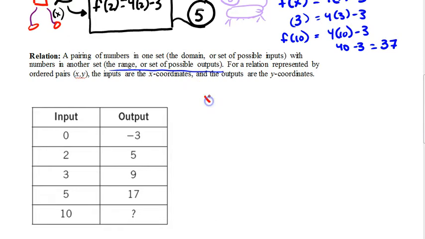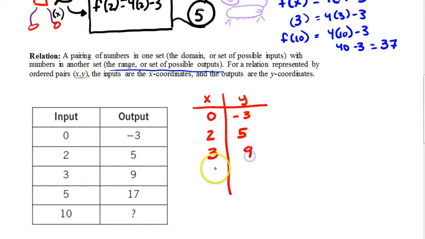One, we could make a table x and y. We've got 0 is the input, or x, -3 is the output, 2, 5, 3, 9, 5, 17, and 10, 37, because we decided the output when we put in 10 was 37. So this is another way to write the same information.